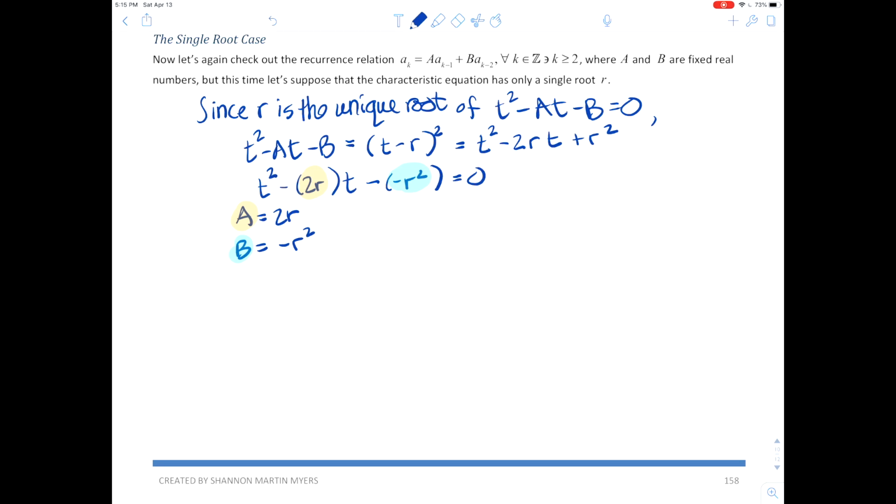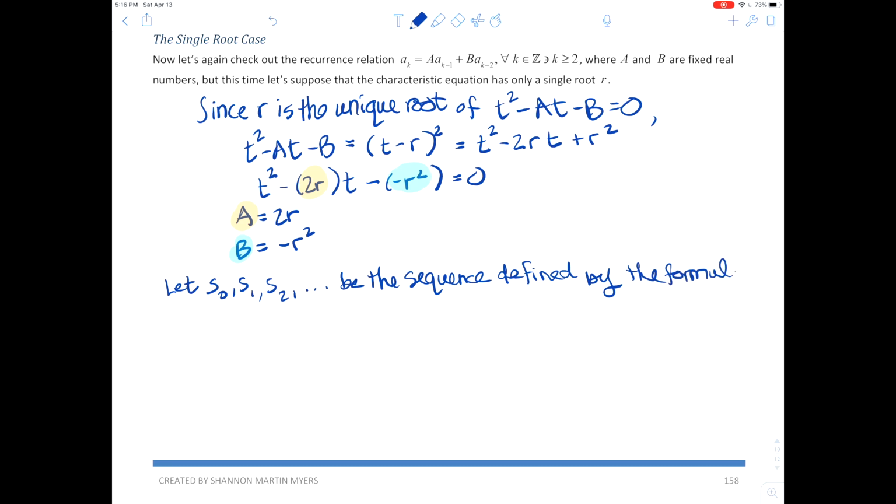Okay, so now if we were to let S0, S1, S2, on and on be the sequence defined by the formula S sub n is equal to n times r to the n for any n belonging to the integers such that n is greater than or equal to 0.